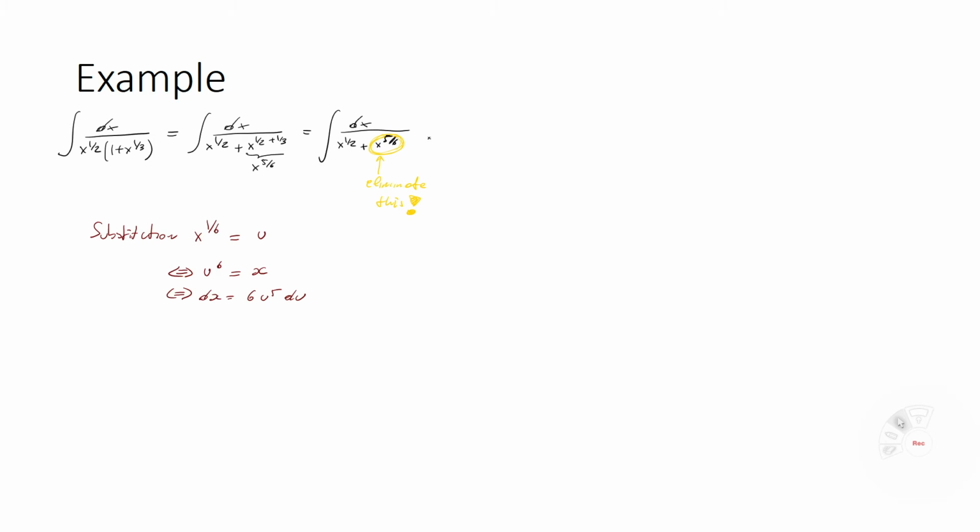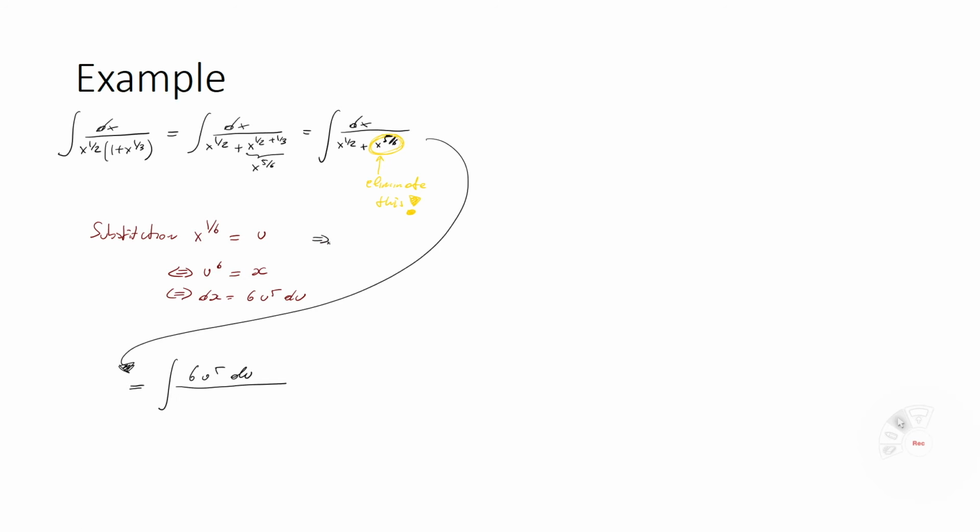And so now with that substitution, I can rewrite my integral, 6u to the power 5 du. And now I need to do something about that x to the power 1/2. But I already know something about x to the power 1/6.